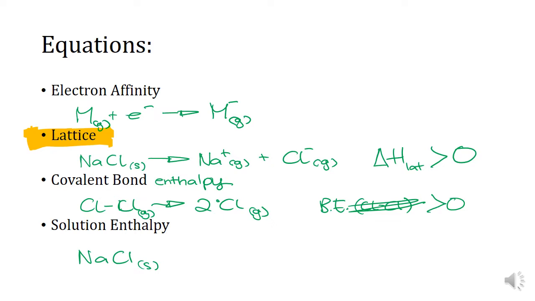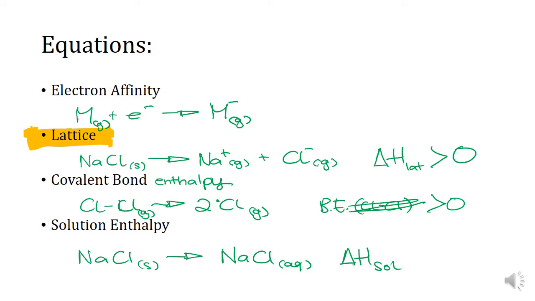It is, of course, not the only ionic compound. So solution enthalpy is the enthalpy change when I take a solid ionic substance and I dissolve it in water to form NaCl aqueous. So that is delta H sol.